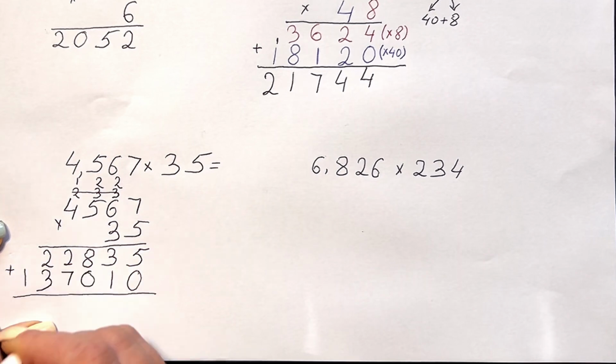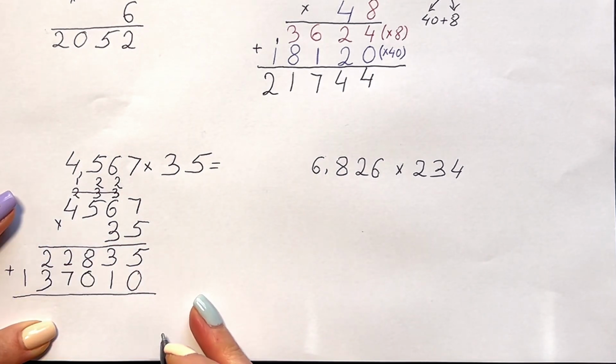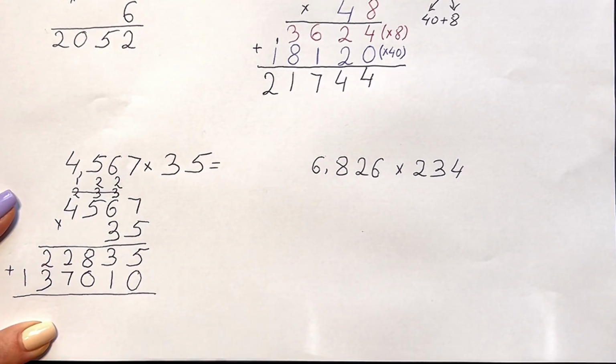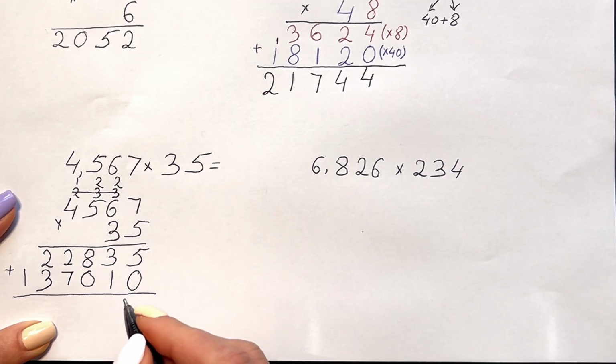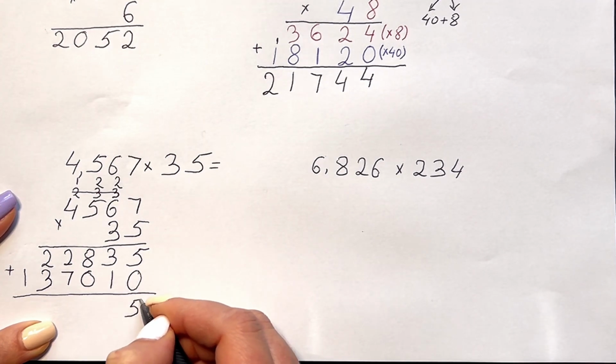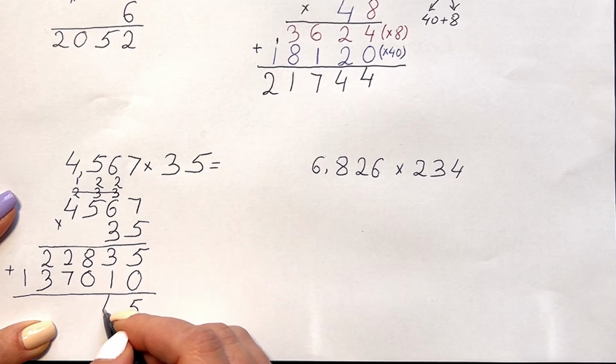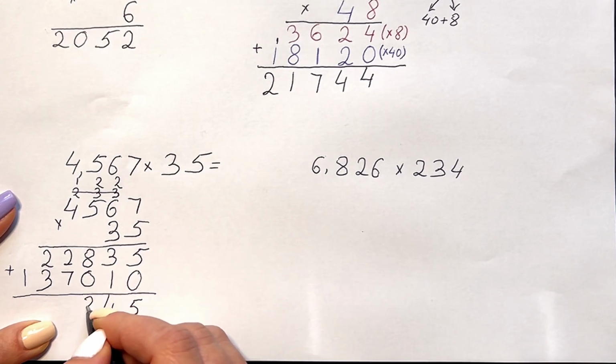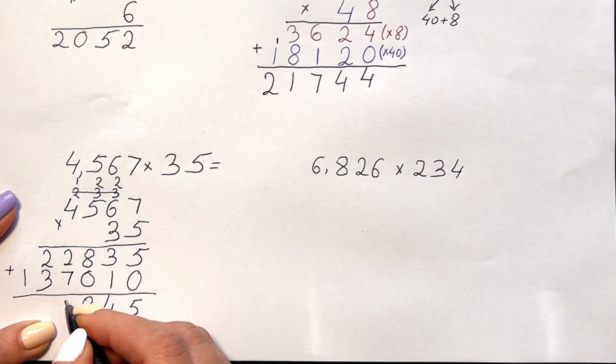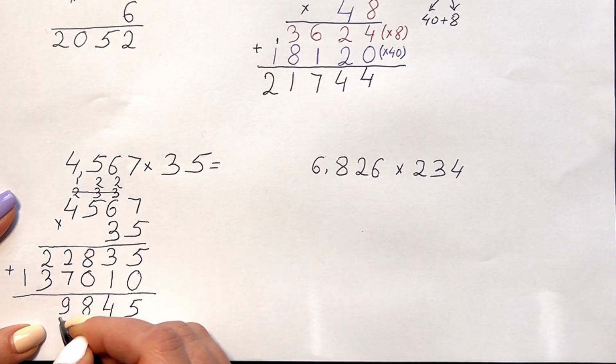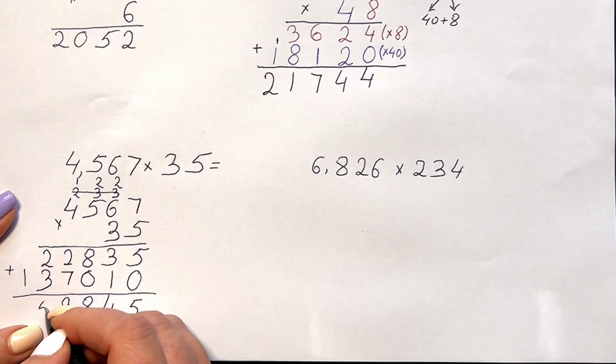Okay, now the third step, you remember we just have to combine these two answers. 5 plus 0 is 5. 3 plus 1 is 4. 8 plus 0 is 8. 2 plus 7 is 9. 2 plus 3 is 5.